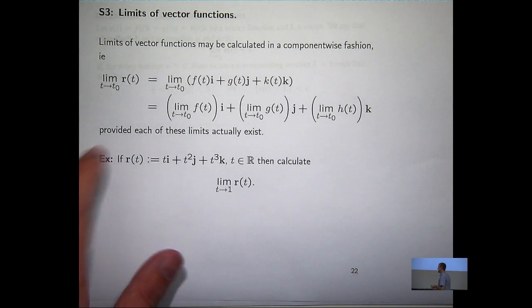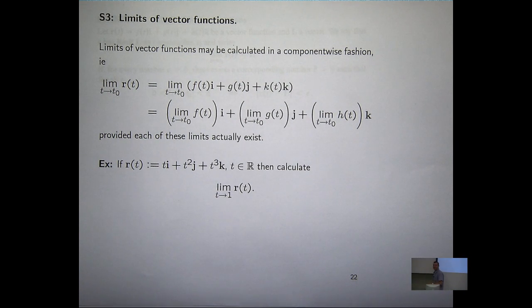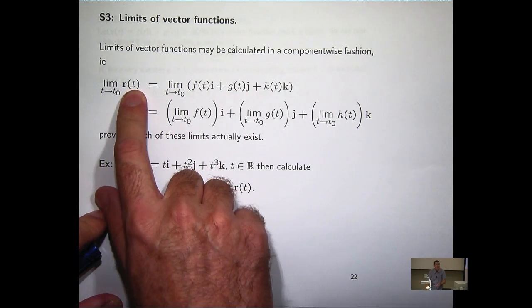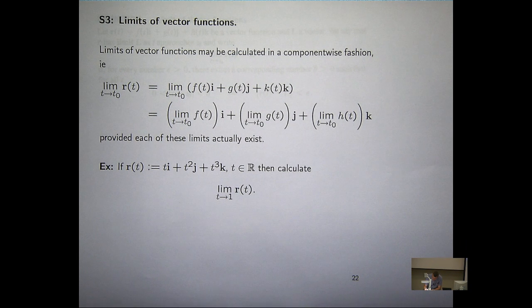All right, now, the good thing about vector-valued functions of one variable is that you can do a lot of things in a so-called component-wise fashion. So you can see up here, if these functions are the so-called component functions of my vector function R, then when we say the limit as t approaches some number, t sub naught, all we mean is just the limit of each component function.